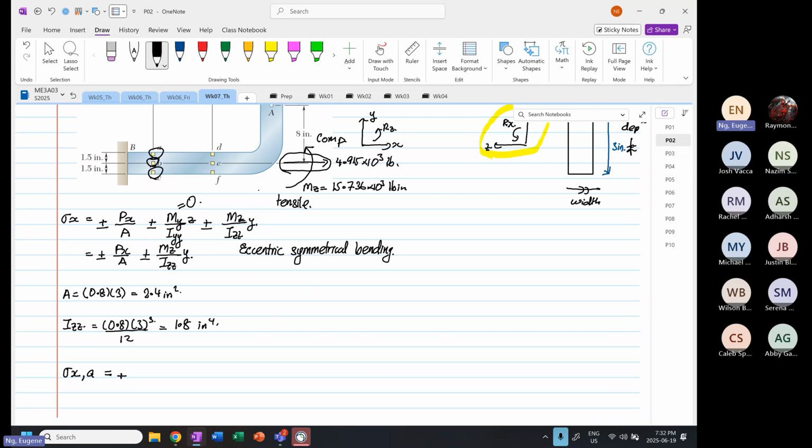So positive 4.915 times 10 to the power 3, divided by our cross-sectional area, 2.4. The next term is Mz over Izz multiplied by y, and A is under compression, so it's minus 15.736 times 10 to the power 3.